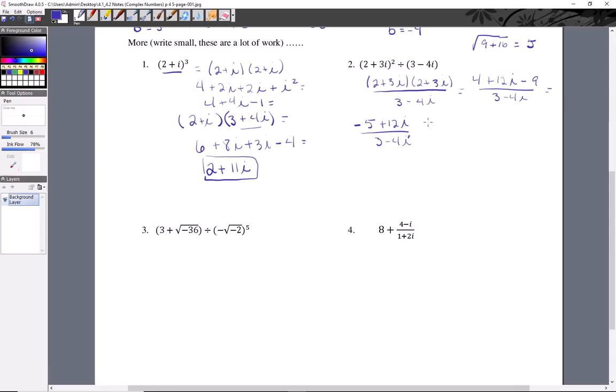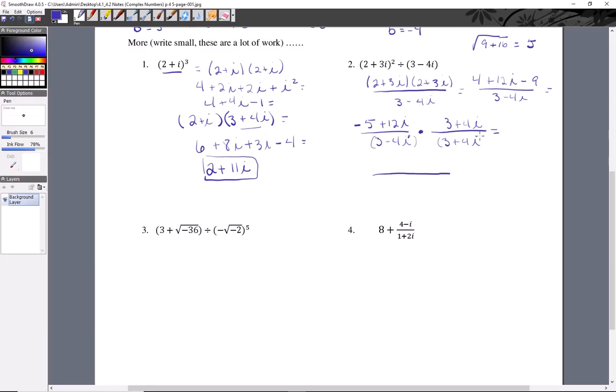So we're going to multiply by the conjugate of this 3 minus 4i, which would be 3 plus 4i over itself. Okay? And so you're going to get a denominator, and I'm not going to do all 4 of the products when I multiply this.